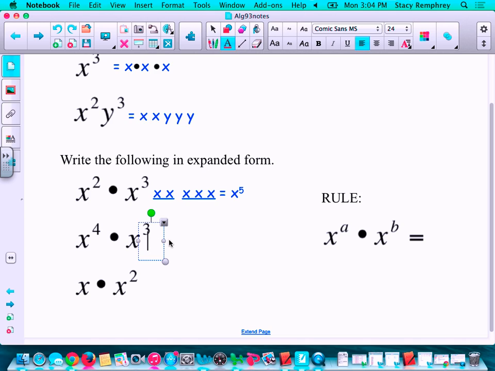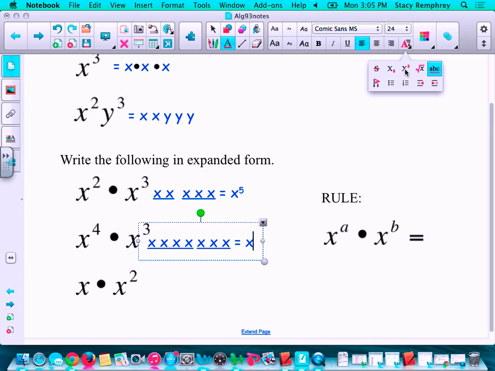Over here, I have my x to the 4th, and then I'm going to have x cubed. So all these multiplied together is the same as saying x to the 7th.